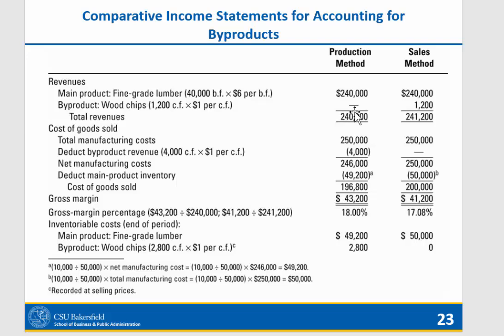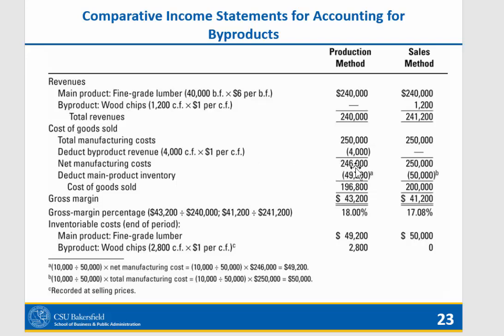Now let's go to the CGS component. First of all, the total manufacturing cost, we know, is 250,000. Because you end up with 4,000 of byproduct, the wood chips, the revenue for byproducts is 4,000. So the net manufacturing cost will be 246,000.